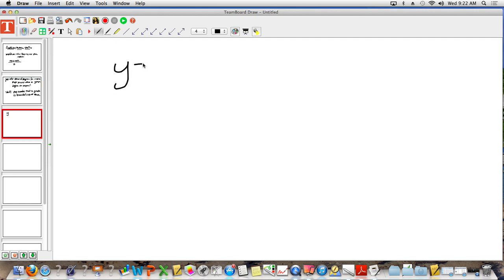Alright, write this down. Y equals A, the sine of BX plus D. First of all, I've given you a sine curve, but everything that I'm going to say about this sine curve is true for a cosine curve too.